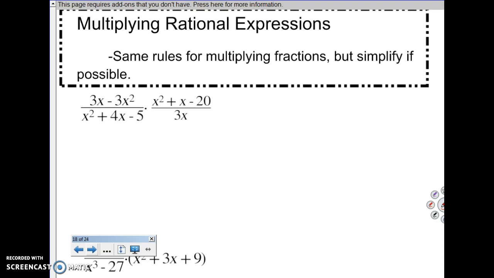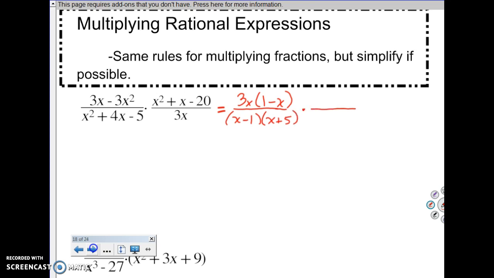So again, probably what I would do is try to get this into factors first, because then maybe things can cancel out and you have less to deal with.